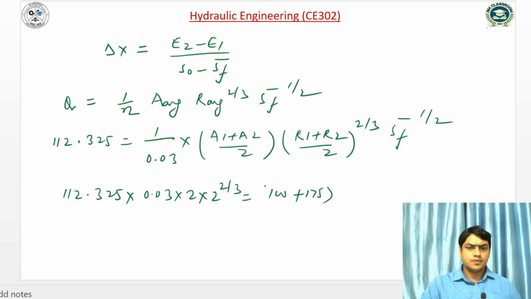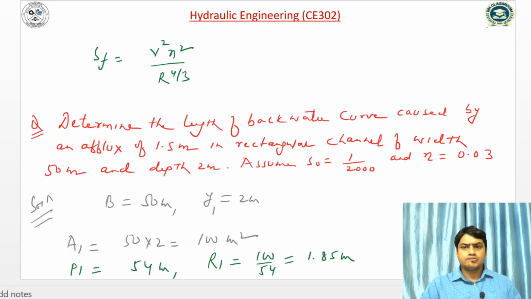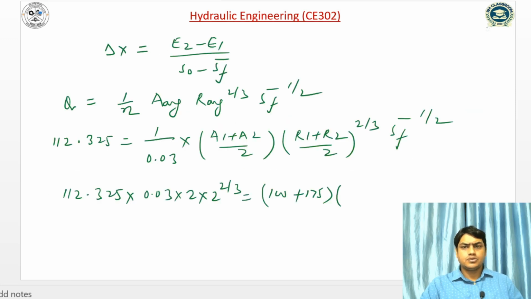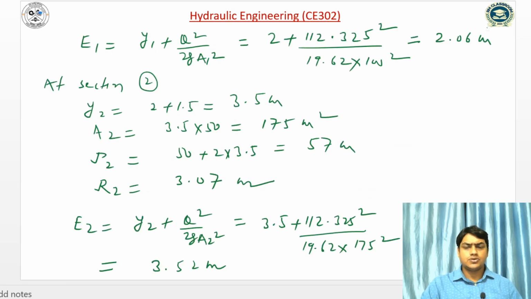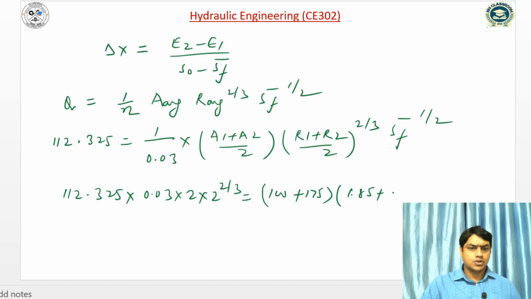So 175 into R1 plus R2. Hydraulic radius R1 is 1.85 plus R2 is 3.07, to the power 2 by 3, into SF bar to the power half.